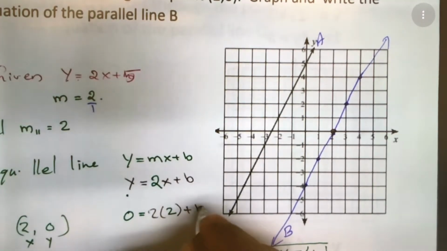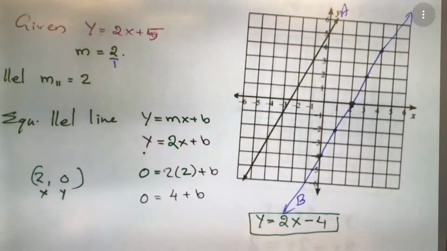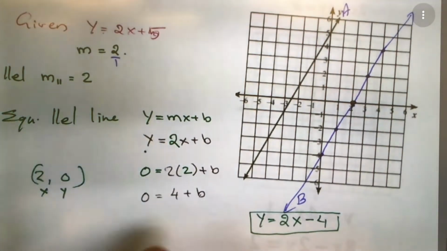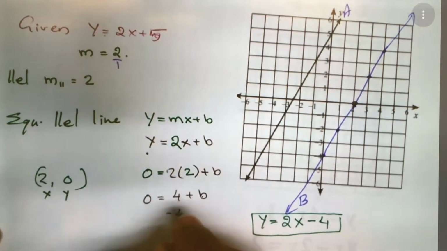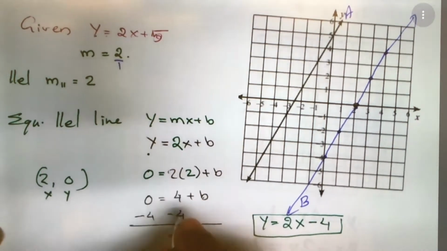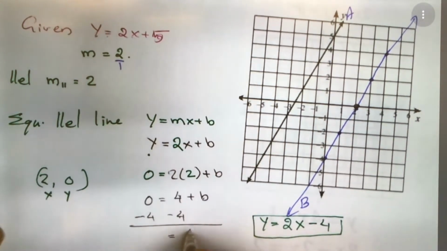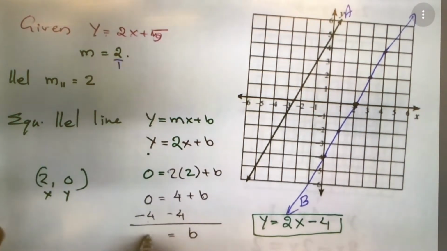I can simplify here: 0 is equal to 4 plus b. To isolate b, I need to move this 4 to the left side, so I subtract 4 from both sides. 4 minus 4 cancels out, so it becomes 0. So b is equal to 0 minus 4, which is negative 4.